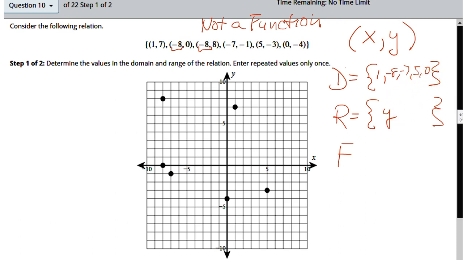And for the range, we have a 7, a 0, an 8, a -1, a -3, and a -4. And we already determined that since the x value, -8, is repeated, it is not a function.